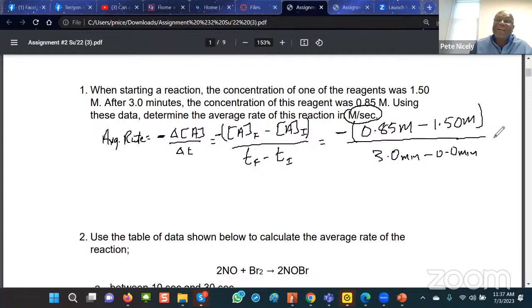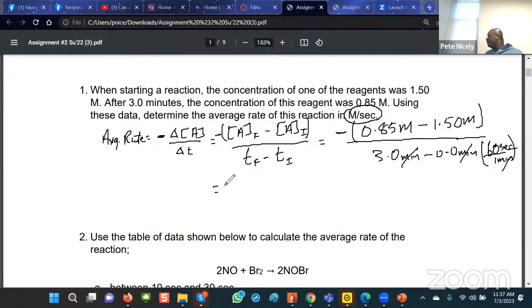Okay, yep. So this part here, I would multiply by 60 seconds over 1 minute, so that the minute units will cancel out. So you'll be left with the second units in the final answer.